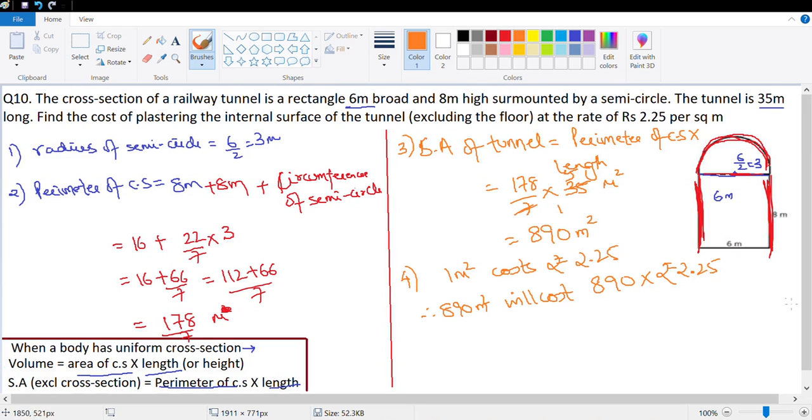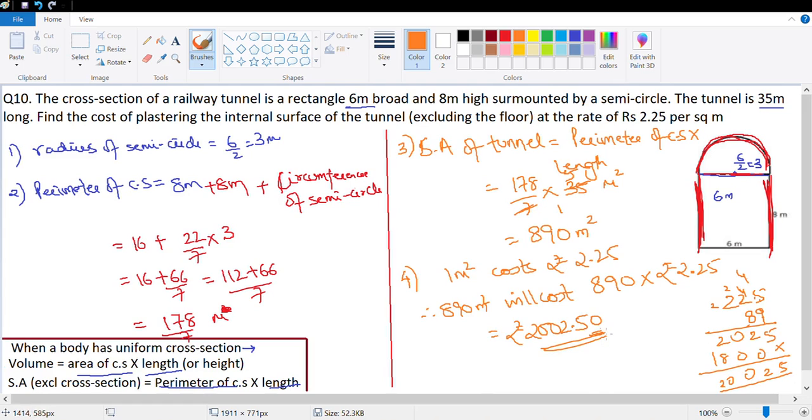This is 225 multiplied with 89. 5 into 9, 45. 18 plus 4, 22. 18 plus 2, 20. 5 into 8, 40. 8 into 2, 16 plus 4, 20. 16 plus 2, 18. That's 20025. So this is equal to rupees 2002.50. Remember to write the answer with 2 decimal places for money.